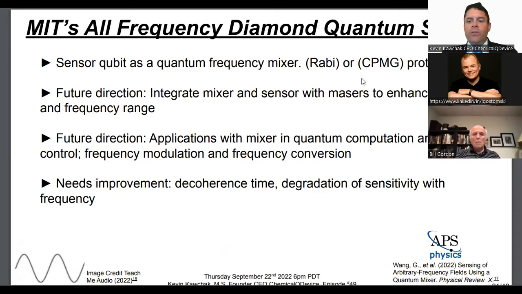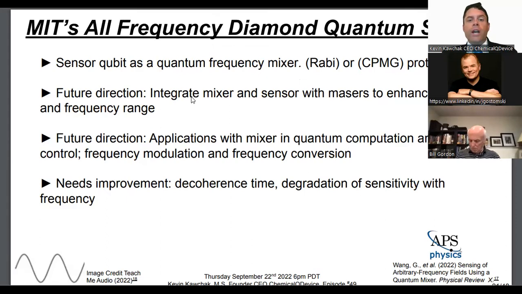If you want to look this up, MIT and these Chinese researchers basically claim this year, I think maybe June or July, that using this frequency protocol, Rabi or CPMG, with a quantum frequency mixer, you can detect any frequency. So they too provided information, and I'll show you it as well.